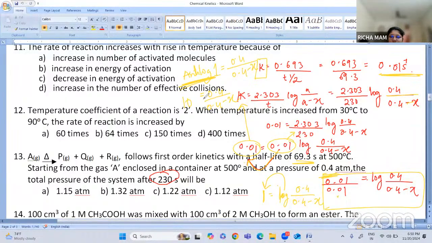So what you have to do is cross multiply.